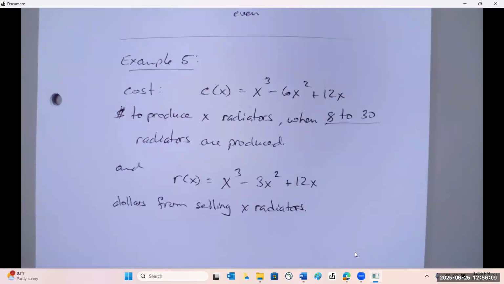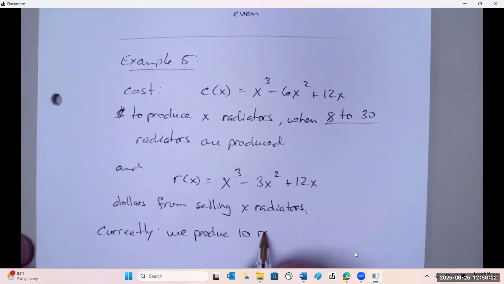Your shop currently produces 10 radiators a day.